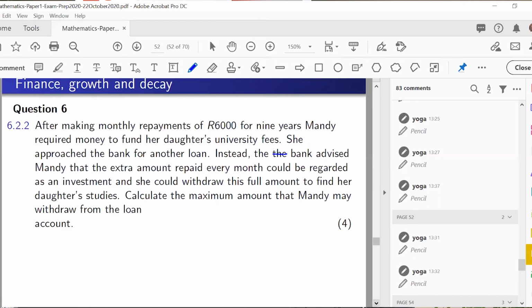She approached the bank for another loan. Instead, the bank advised Mandy that the extra amount repaid every month could be regarded as an investment, and she could withdraw this full amount to fund her daughter's studies.